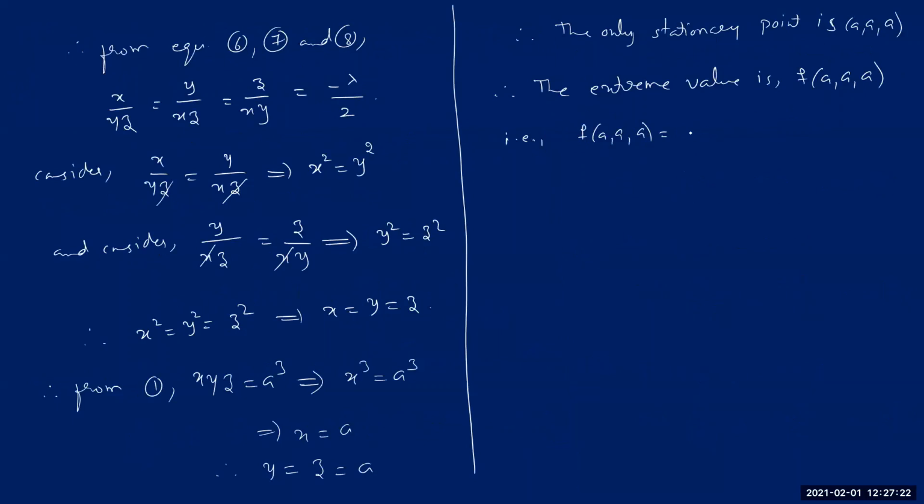I'm just substituting these values there. So it is a square plus a square plus a square, which equals 3a square. Certainly we don't know whether this value is minimum or maximum, but as the question asks to find the minimum value, we take this as the minimum value. Therefore, the minimum value is 3a square.